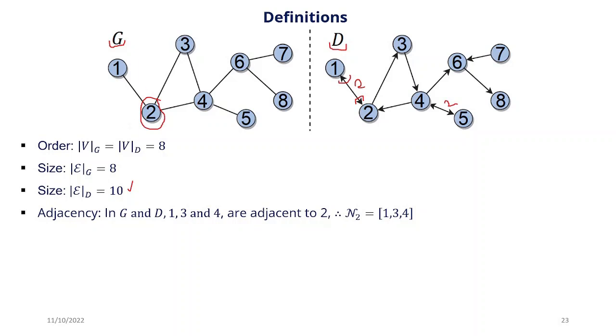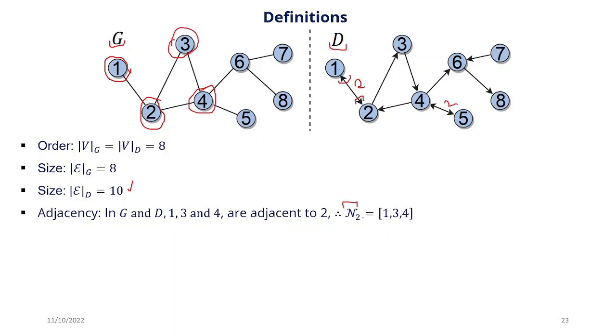There are only 3 nodes that connect to 2. So we say 1 is adjacent to 2, 3 is adjacent to 2, and 4 is adjacent to 2. If there was a node connecting 2 and 5, then we would have said 5 is adjacent to 2. So we now say the neighbors of 2 are 1, 3, and 4.